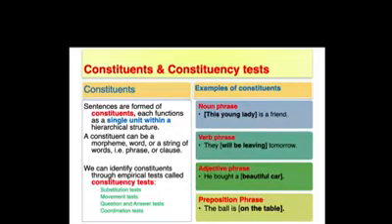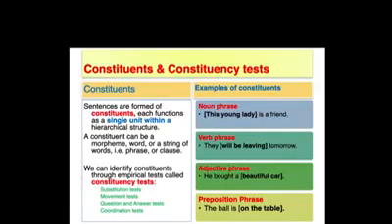Also, "is a friend" is a constituent, and "a friend" is another constituent, which means that constituents can go from the smallest items into strings of words, into phrases and clauses. Here I've provided an example of a noun phrase constituent, then a verb phrase constituent. For example, "they will be leaving tomorrow". So "will be leaving" is a verb phrase.